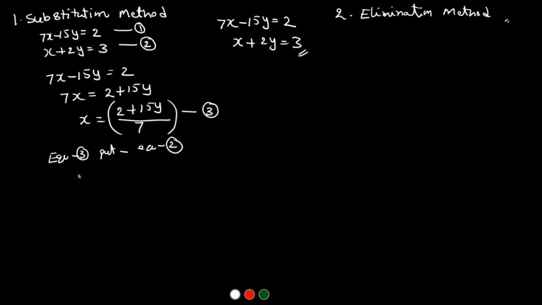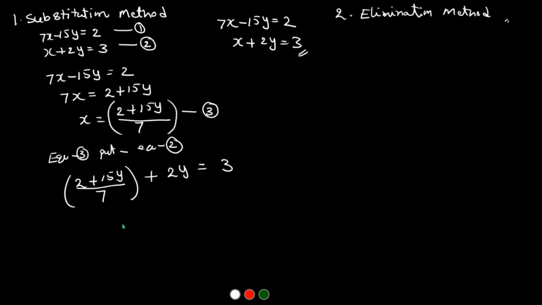If you substitute x into equation 2, that is (2 plus 15y) divided by 7 plus 2y is equal to 3.